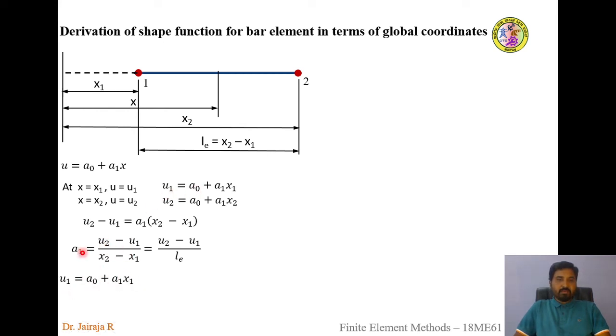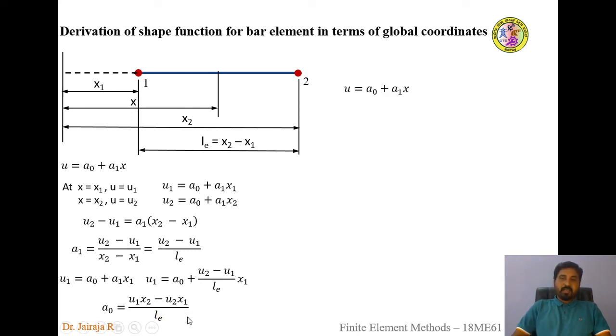Now I am going to substitute a1 in this equation, so u1 is equal to a0 plus (u2 minus u1) divided by LE into x1. This equation can be solved for a0, so a0 is equal to (u1 x2 minus u2 x1) divided by LE.